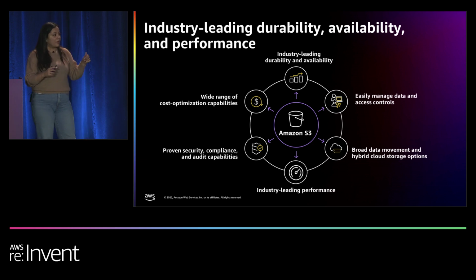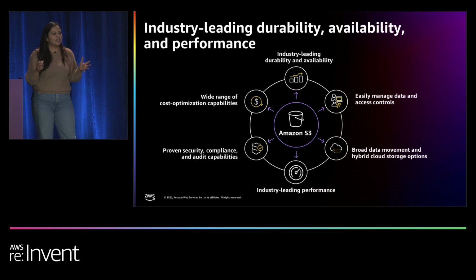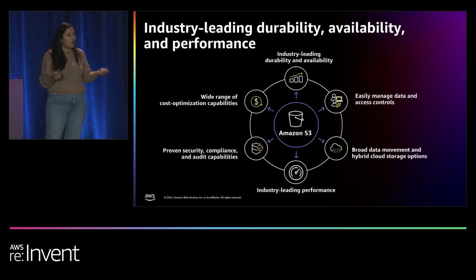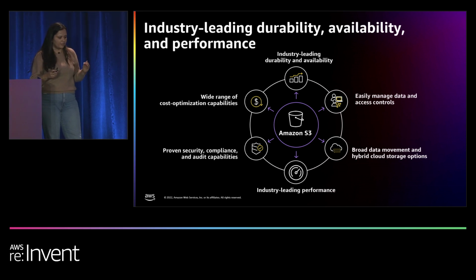For some, it is about the high availability, high durability across multiple regions, using features like cross-region replication, RTC, multi-region access points. For some customers, it's the cost optimization capabilities that we offer, like intelligent tiering and storage lens. And for certain customers, it's the security features that we offer that help you control your access all from the bucket level down to the object level.